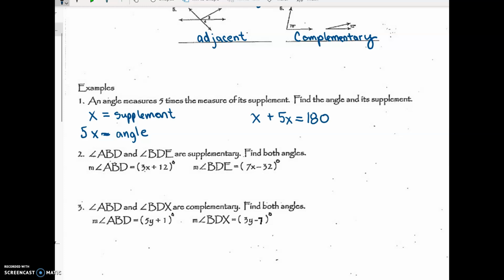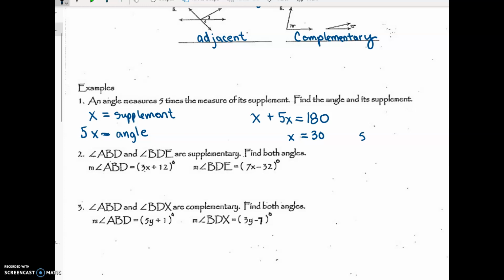So x would be 30, because we would combine those like terms to get 6x and divide by 6. That would give us 30. That represents the supplementary angle. And then we have to find the other angle. So the other angle would have to be 150 degrees.